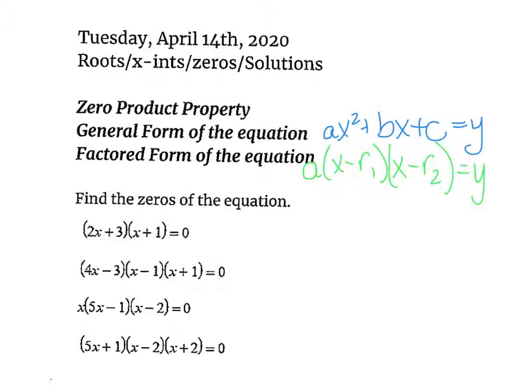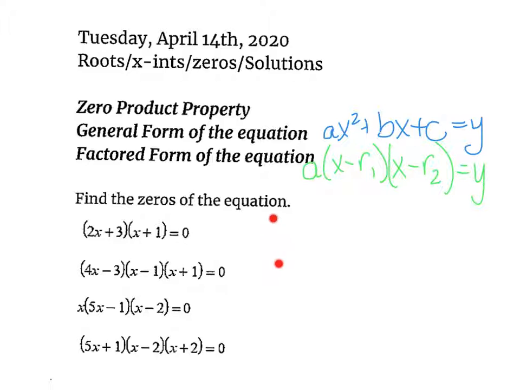You can see that there's an a here and an a here. Those are the same values depending on which form of the equation you're in. They always follow from the same equation to the different forms, that a is the same a. That's going to help us more tomorrow.